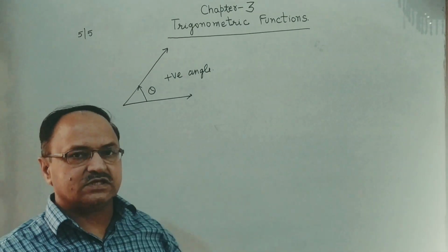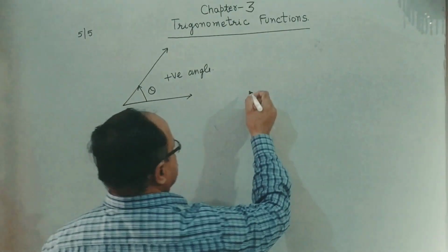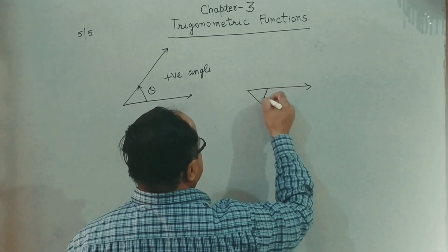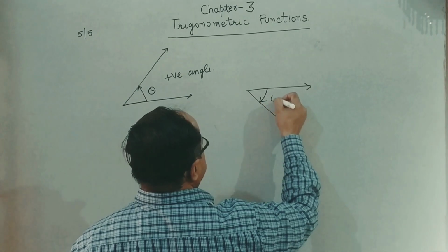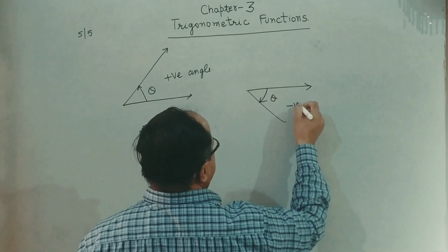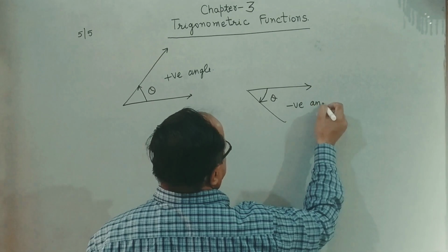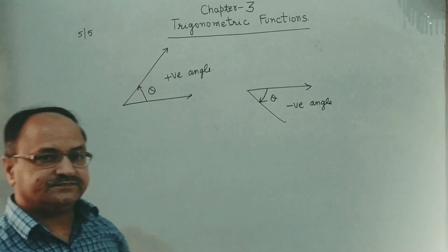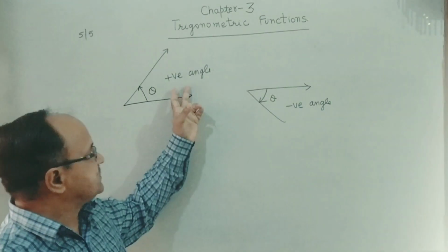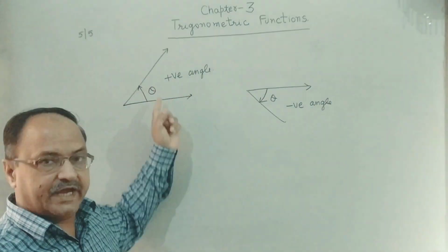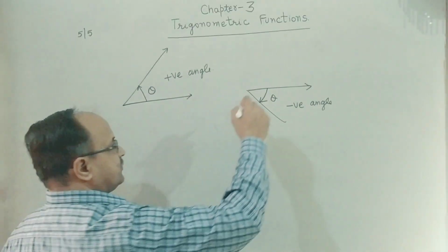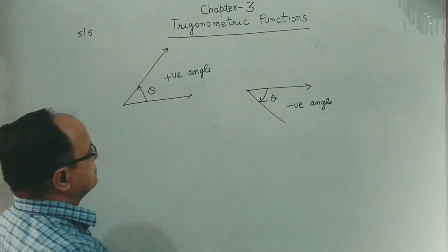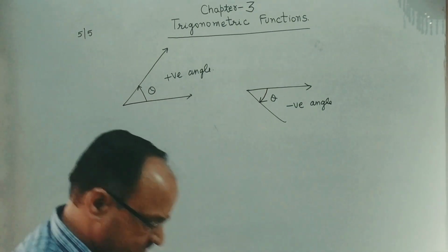If rotation is clockwise, like this, then this is called a negative angle. Correct? This is a positive angle if the rotation is anti-clockwise. If the rotation is clockwise, then this angle is called a negative angle.